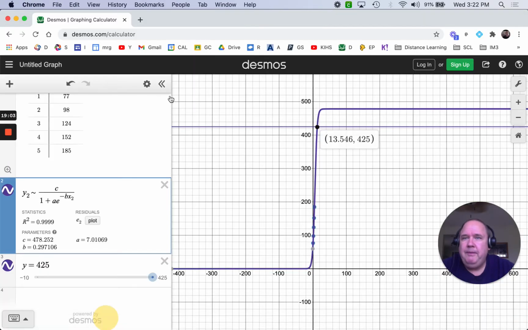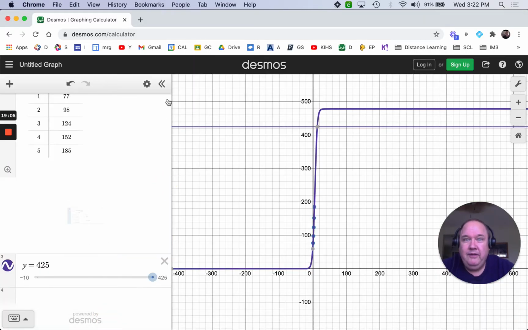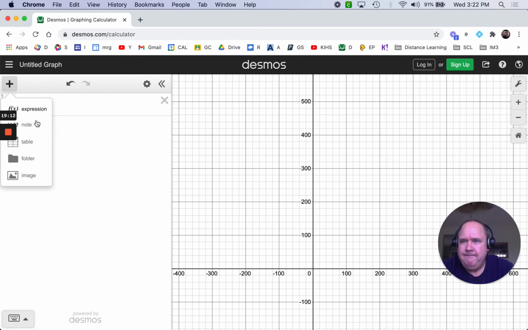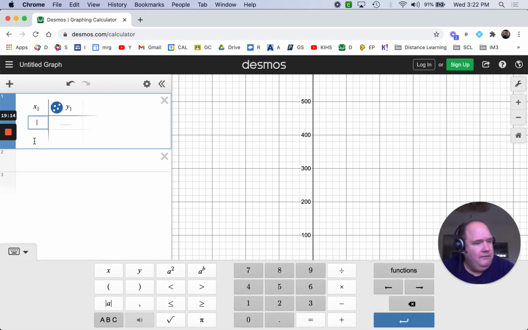So let's go back to Desmos. Let's put in our table. Make sure I don't make a mistake like I did last time. We learn from our mistakes, right? So here's the table again. So we're going to put in year 1. There's 867 students.